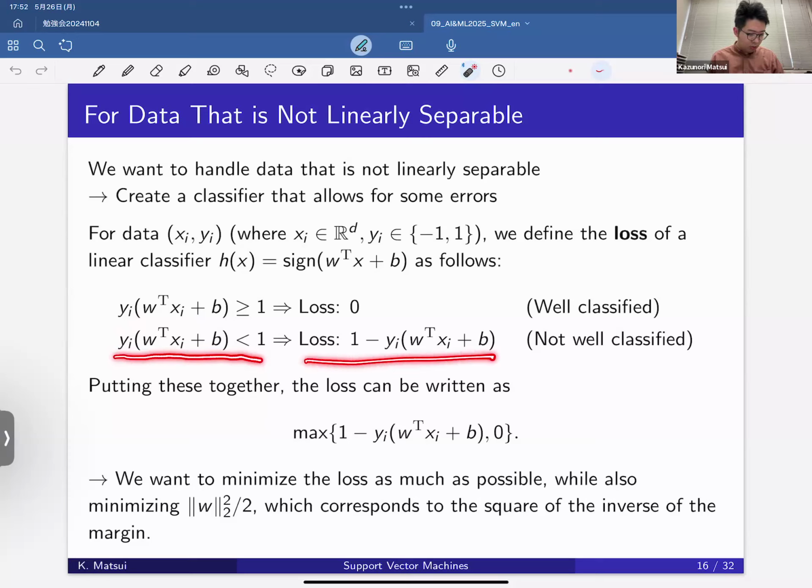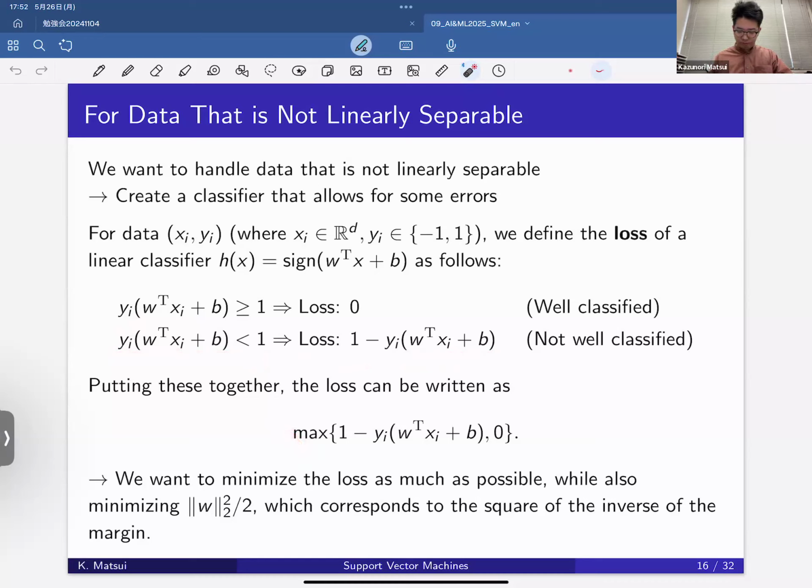This represents how much smaller yi times (w xi plus b) is than 1. In other words, it can be seen as a quantity that represents how poorly it classifies. So the loss can be written together as the maximum of these two values.